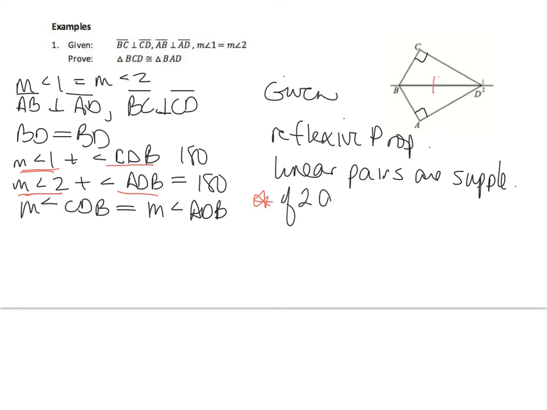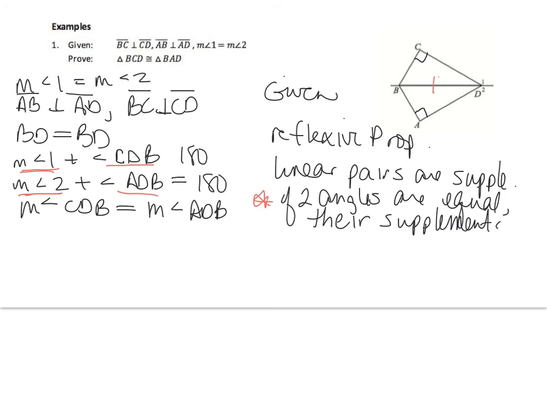So if two angles are equal, their supplements are equal. Okay, if these two angles are equal and they're supplementary with these two angles, then they're equal too. You're just subtracting them from 180.